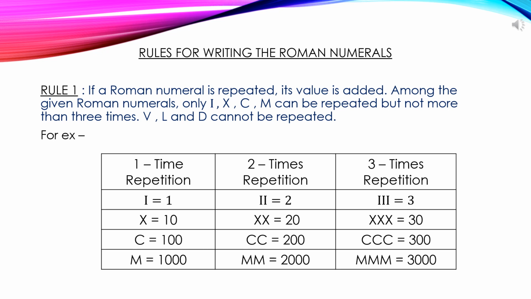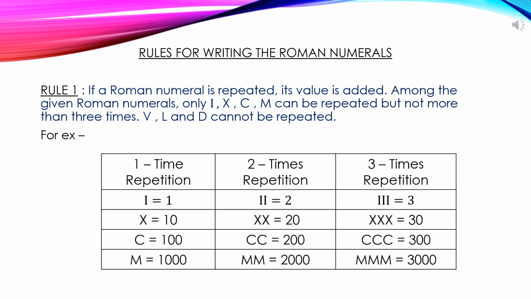As you see in this table, I have divided it in 3 parts. In first part, I have written 1 time repetition. In second column, I have written 2 time repetition, and in third column, I have written 3 times repetition. That means if a symbol is repeated 1 time, then we will get its value as it is. That is, I denotes 1, X denotes 10, C denotes 100 and M denotes 1000.